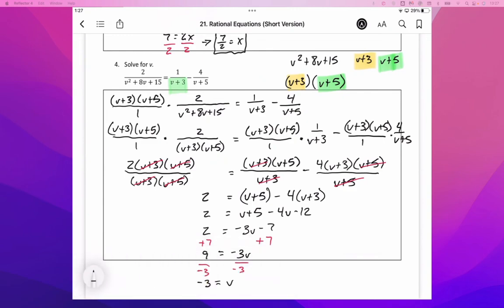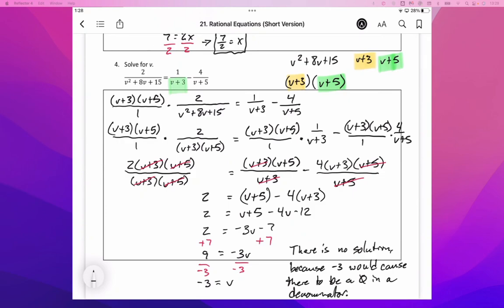So in the case of this one, there is no solution, because negative 3 would cause there to be a 0 in a denominator. And we can't have that.